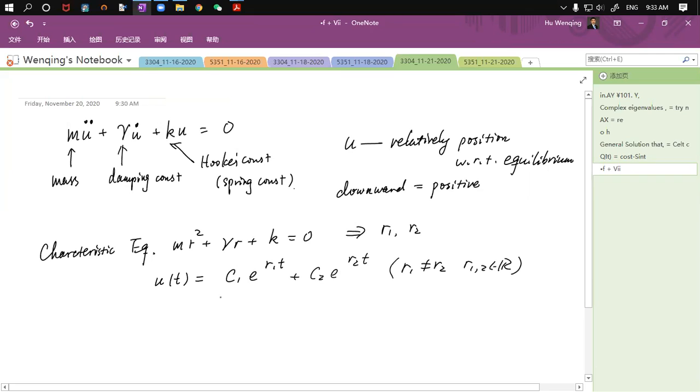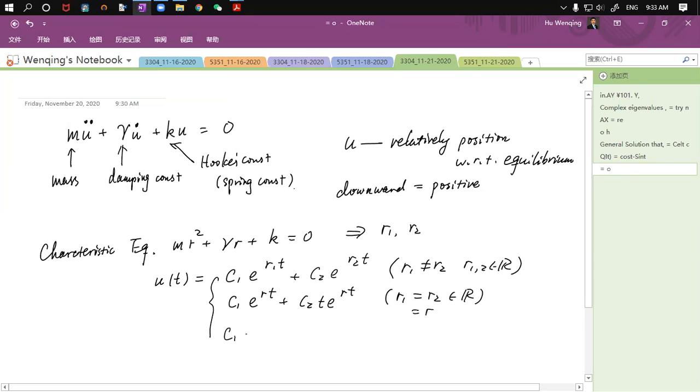But you can have other cases such as c1 e to the power of rt plus c2 t times e to the power of rt. This is the case when r1 is equal to r2, but both are real, so let's say equal to r.